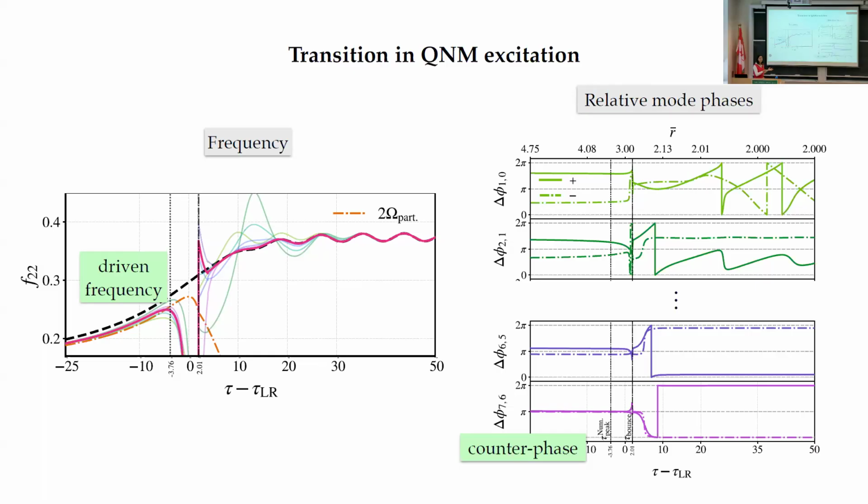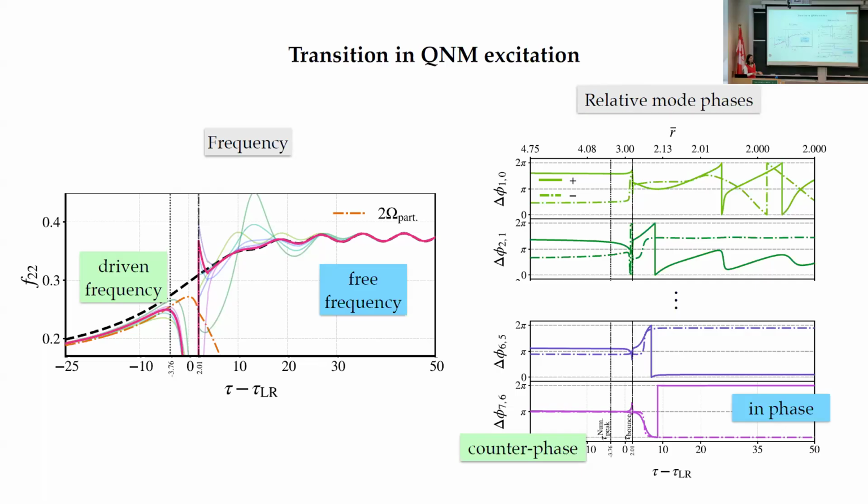And so this matches this kind of forced harmonic oscillator picture, right? The quasi-normal modes are actually kind of collectively getting excited and forced by the particle. And even though their amplitudes would be quite large, taken singularly, they are in counterphase and they are destructively interfering in this excitation.